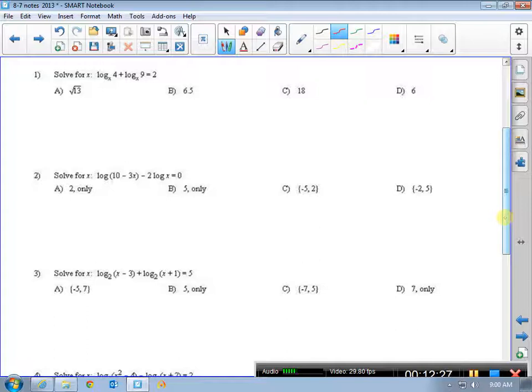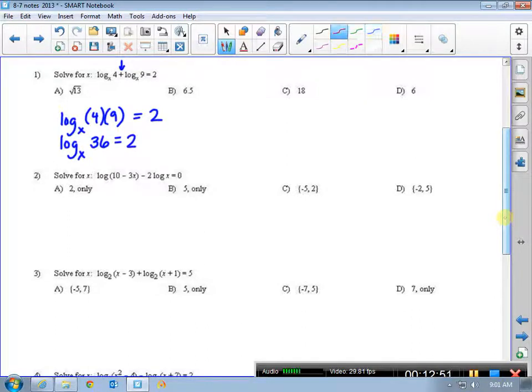Solve for x. I have 2 logarithms on the left-hand side, so I can condense those since it's addition. I will have the log base x. Addition of logarithms means that my terms were multiplied, equals 2. So we have the log base x of 36 equals 2.